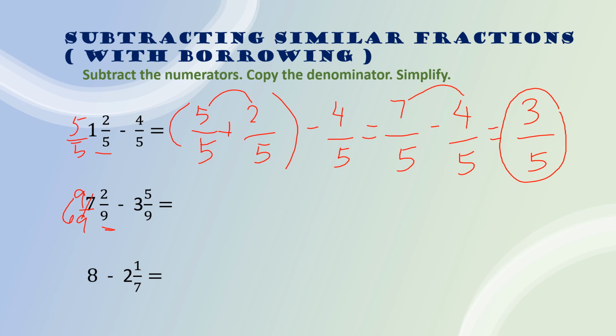We just rename them. So 6 and 9/9 plus 2/9 is 6, and 9 plus 2 is 11/9. 6 and 11/9.